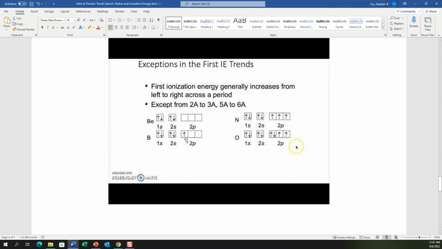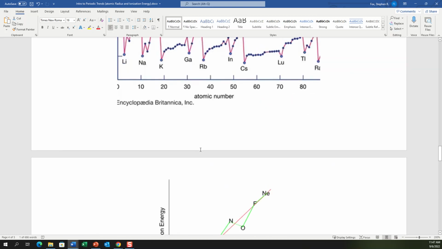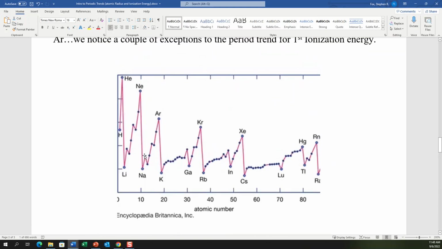So that explains the trends. And so the same thing happens when you go to the next row, when you're talking about, this would be magnesium and this would be aluminum. What's the difference there? Removing an electron from 3p versus 3s.